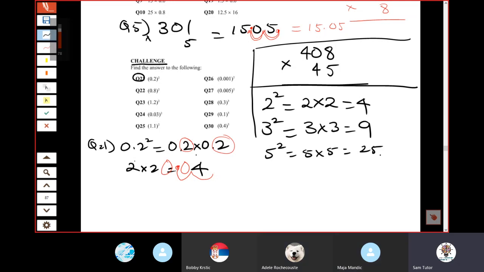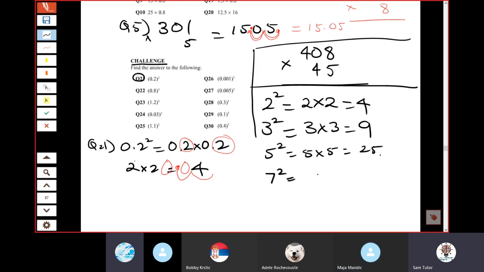0.2 squared is 0.2 times 0.2. Do you first get that? No. Okay. So 3 squared, do you understand that is 3 times 3? Yeah. Well then, 0.2 squared is 0.2 times 0.2. That's confusing, I don't understand.